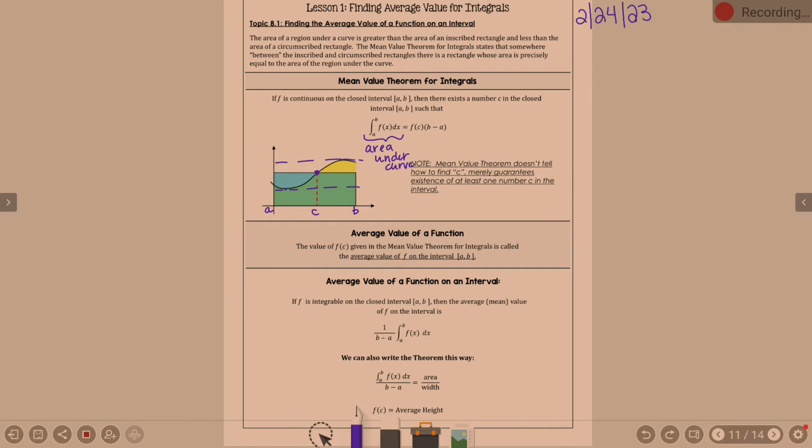When we talk about f of c over here, and b minus a, I'll start with b minus a. b minus a is going to be the width of the interval.